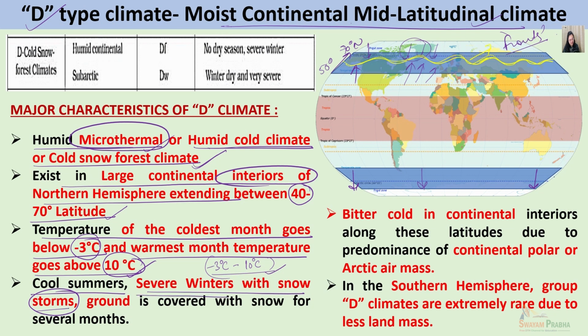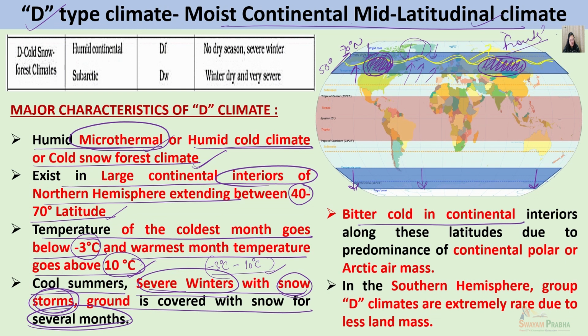So you have severe winters because cold, chilly air masses coming from the northern polar regions bring snowstorms along with them, and heavy blizzards can be seen in the winter season in these areas, and ground is covered completely with snow for several months of the year. And this particular condition worsens in the continental interior areas, which become very, very cold. So the polar or continental Arctic air masses kind of stabilize themselves over the continental interiors, making the cold conditions very, very severe in these areas.